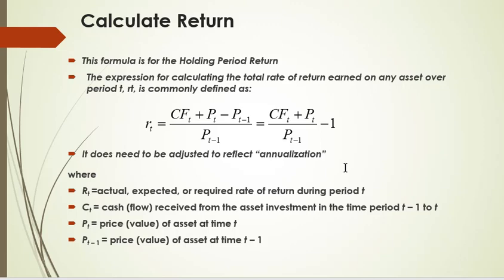And then you subtract 1 from that. Now, this particular formula does not adjust for multi-period questions. So the worksheet that we'll look at actually does both. What is the holding period return if you do not annualize? And then what is it if you take into account multiple periods of holding?